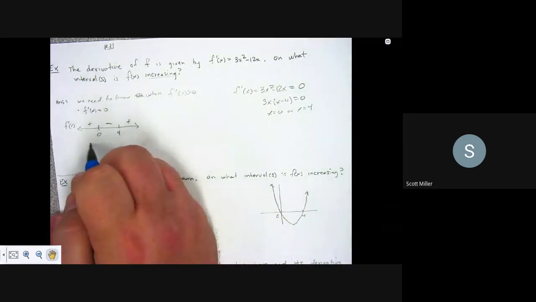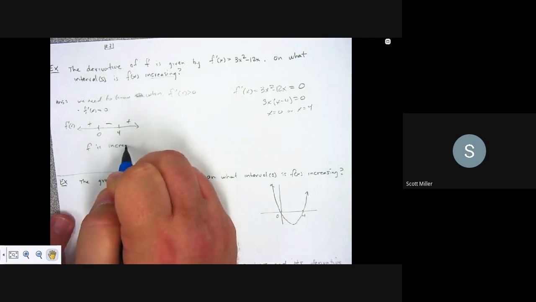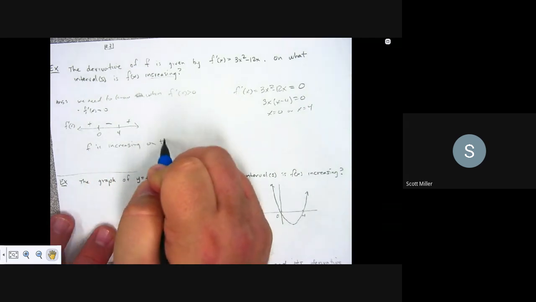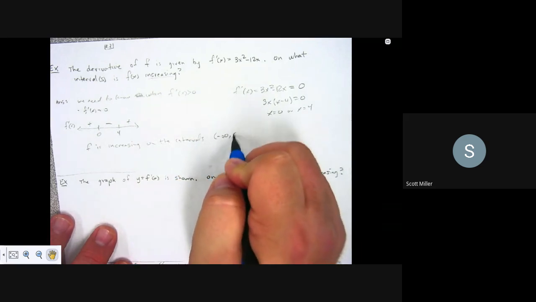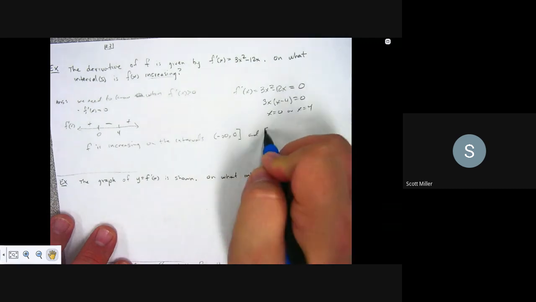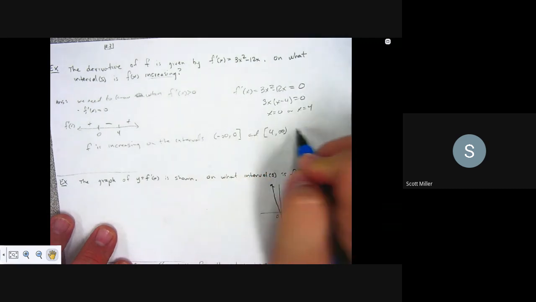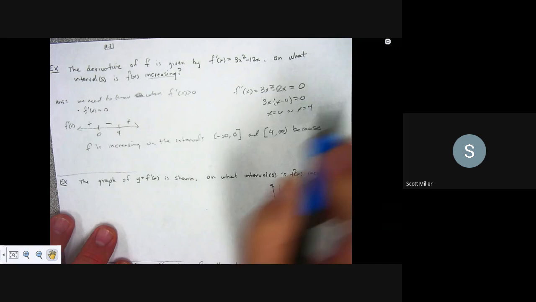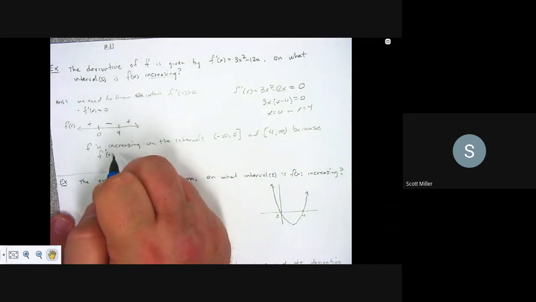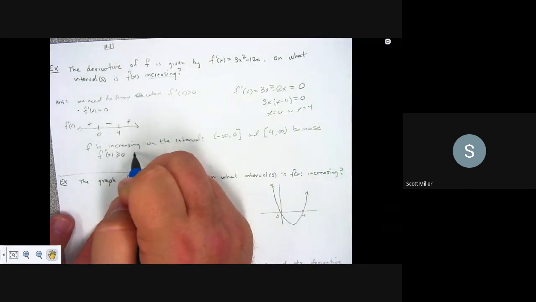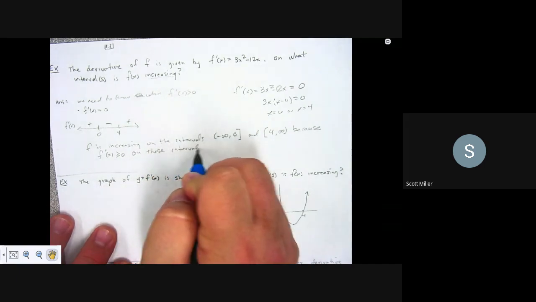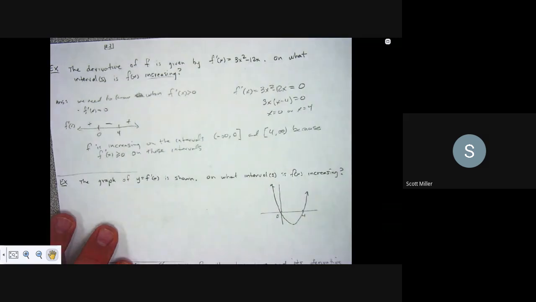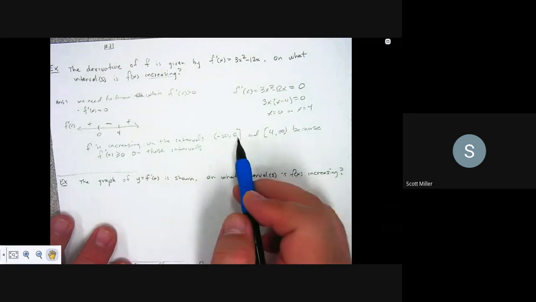My answer is f is increasing on the intervals from -infinity to 0 and from 4 to infinity, because f prime of x is greater than or equal to 0 on these intervals. And there you go. That is your answer. And remember, for increasing or decreasing, the endpoints are included.